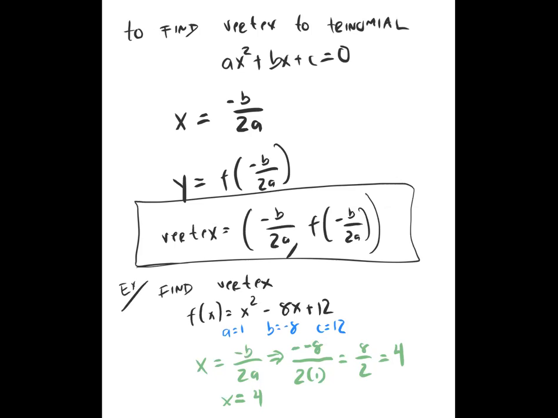Questions? No. And now in order to find the y value, all we have to do is plug that in. We plug that 4 into our original problem, replacing the x's with 4.